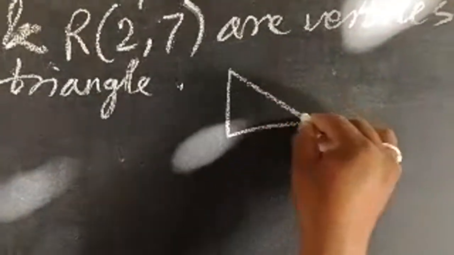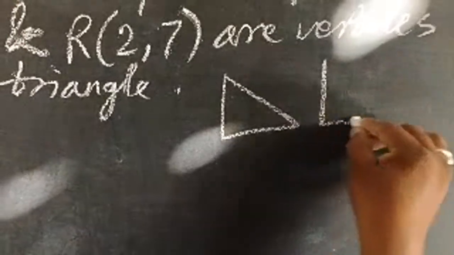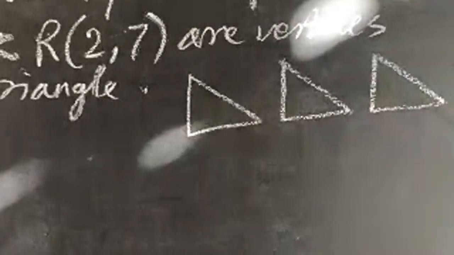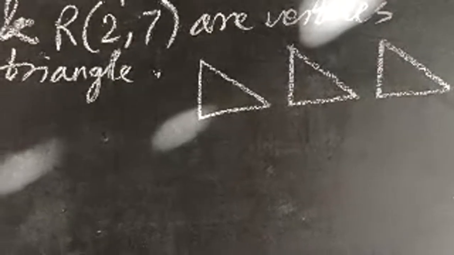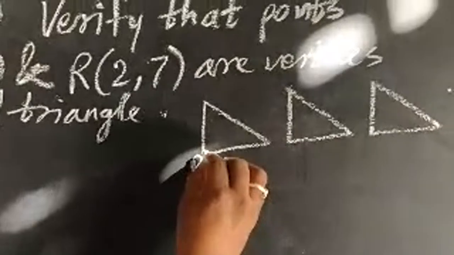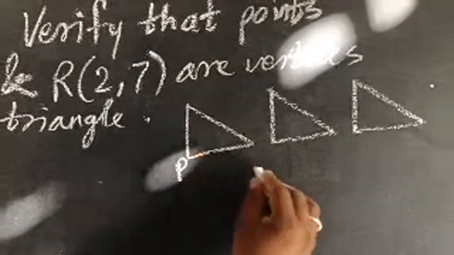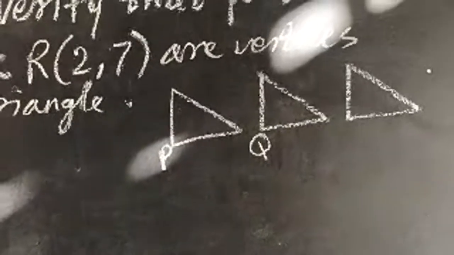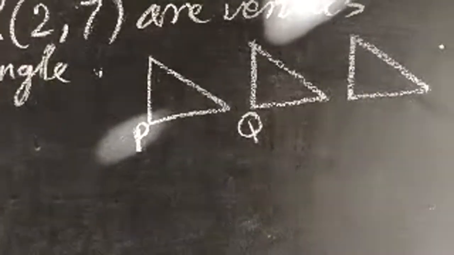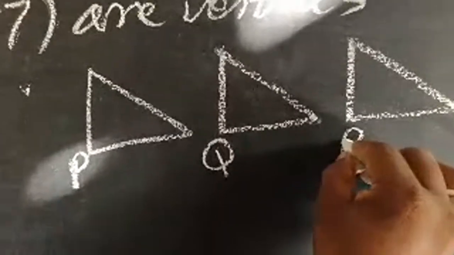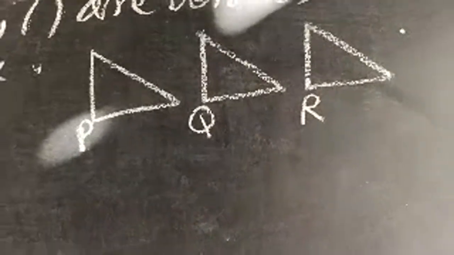How many possibilities? 3 possibilities. Point P is the right angle, otherwise point Q is at the right angle place, otherwise point R is at the right angle place.